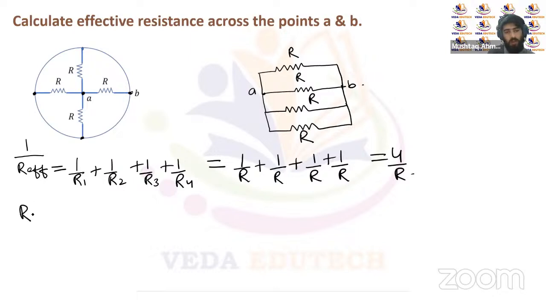Or our effective resistance, R effective, will be equal to R upon 4. So this will be the effective resistance for this circuit, right? For this arrangement of the resistors, the effective resistance is equal to R upon 4, right?